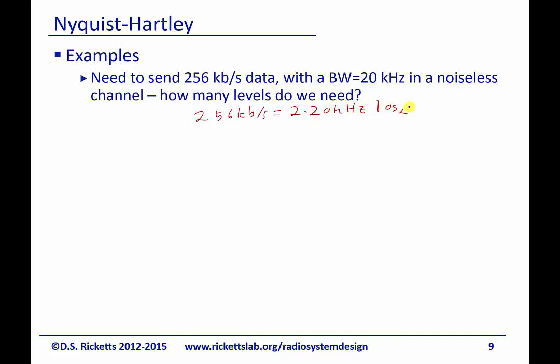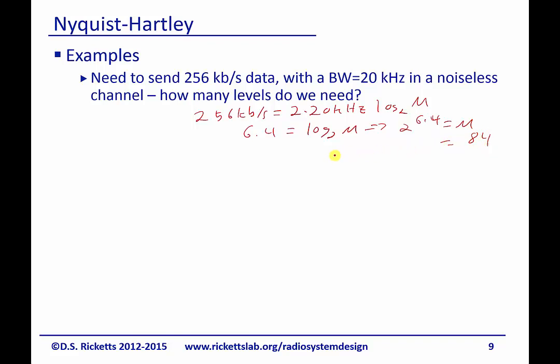times log 2 of M. And so all I need to do is get out my trusty calculator, and I can see right away 256 divided by 40 is going to be 6.4 equals log 2 of M. And so this just tells us that 2 to the 6.4 equals M. And if I take 2 to the 6.4, I end up with 84.